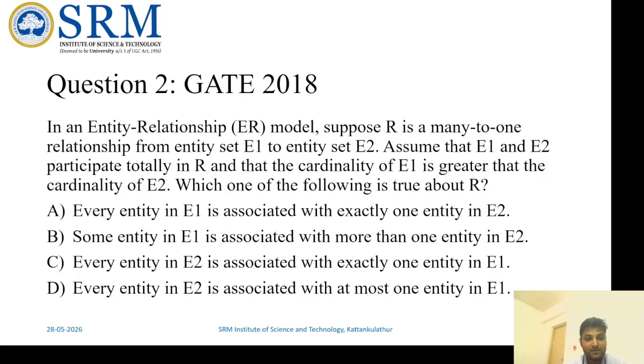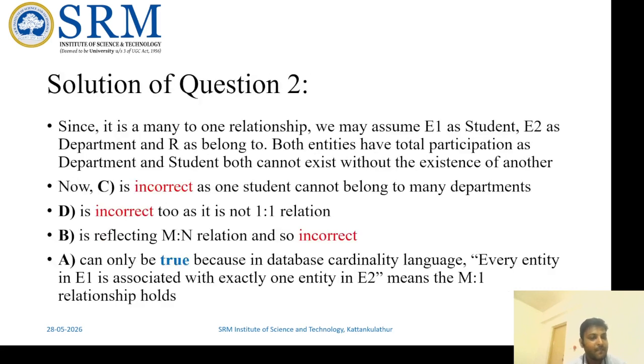Fourth, option A says every entity in E1 is associated with exactly one entity in E2. It is true, because in database cardinality language, every entity in E1 being associated with exactly one entity in E2 means M to 1, that's a many to one relationship. That is actually given in the question. So this option is correct.